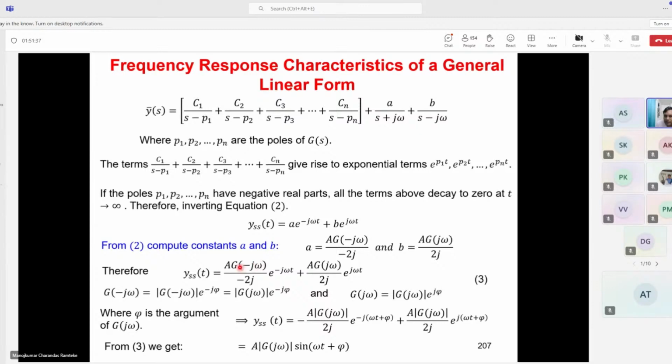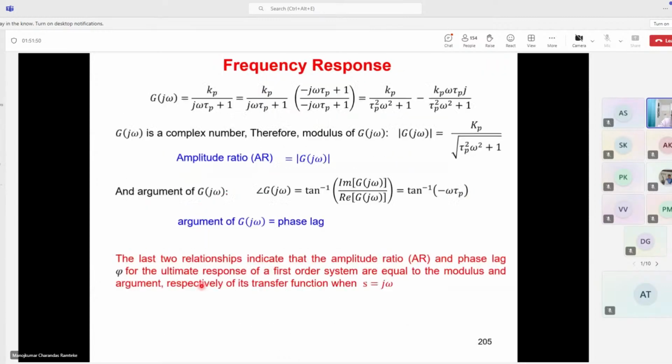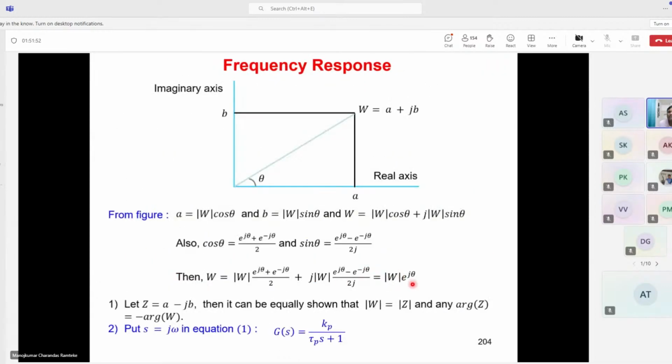So I can represent G of minus j omega in terms of its magnitude and phase angle, isn't it? So G of minus j omega can be represented as the magnitude of G of minus j omega into e raised to the power minus j phi. I am using the same property here: any complex function can be represented in terms of its magnitude and phase angle.